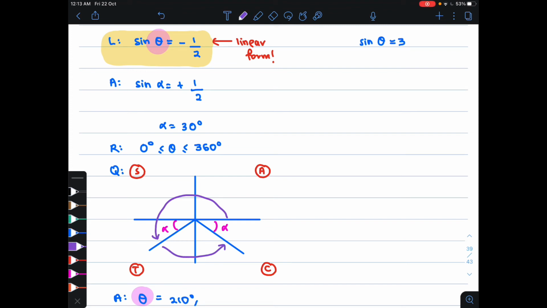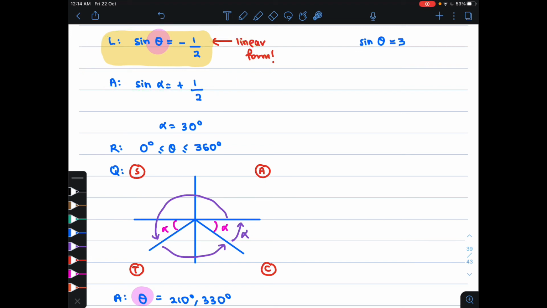Continue until we reach the second one, which is here. And this is 360 minus alpha. And the answer is 330. And if you continue, you'll reach the end, which is 360, but there's no more answer here. So this means that we have two answers from the left hand side.